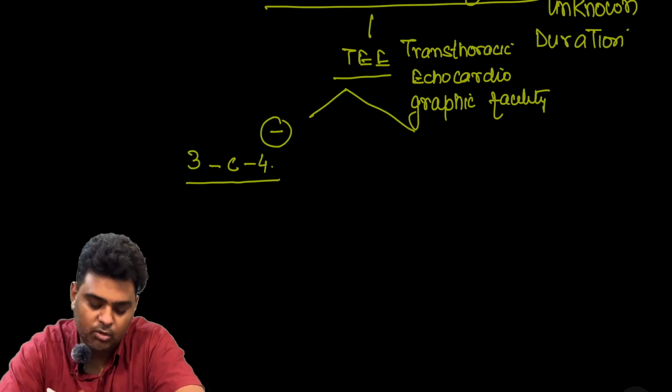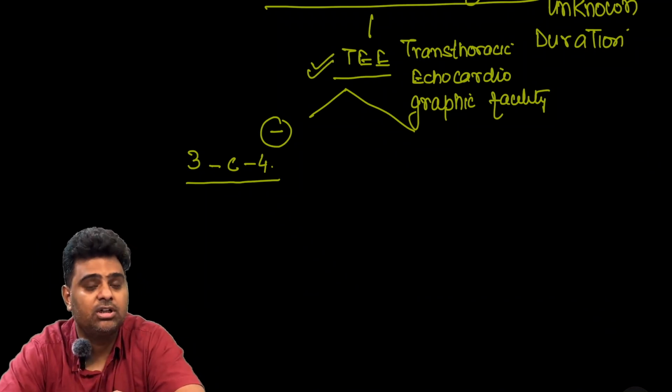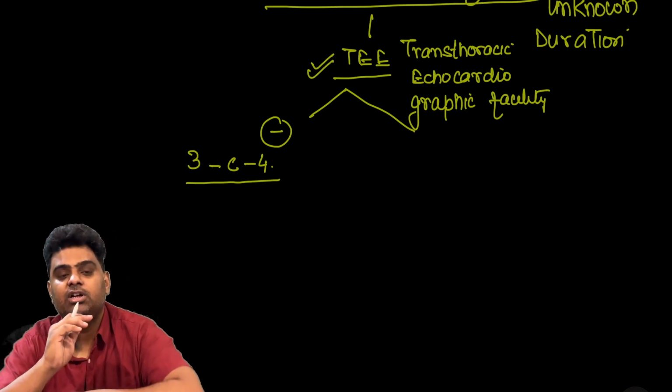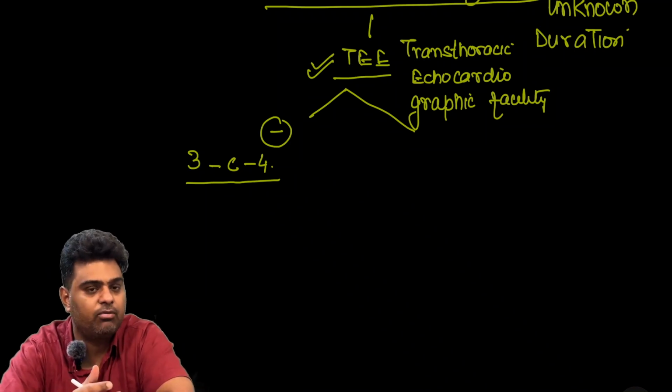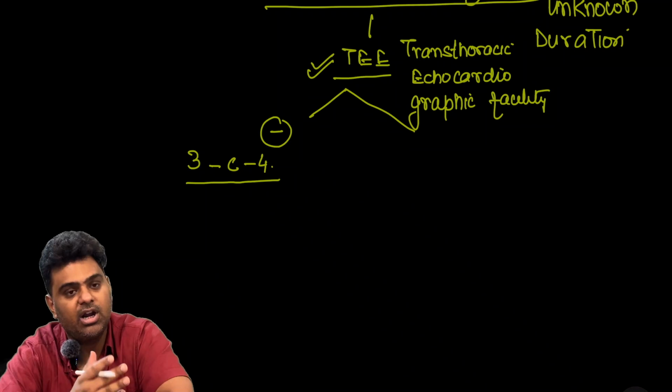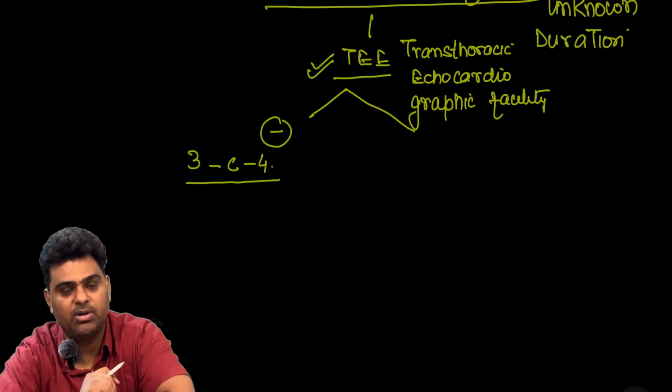For them, we have to have TEE facility. And if we miss the thrombus and convert the patient into sinus rhythm, then that thrombus can go to the left ventricle, and from there to the brain and cause ischemic stroke. So this is the problem in the treatment of chronic atrial fibrillation.